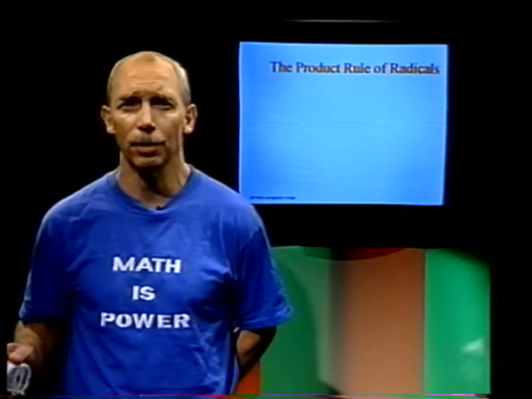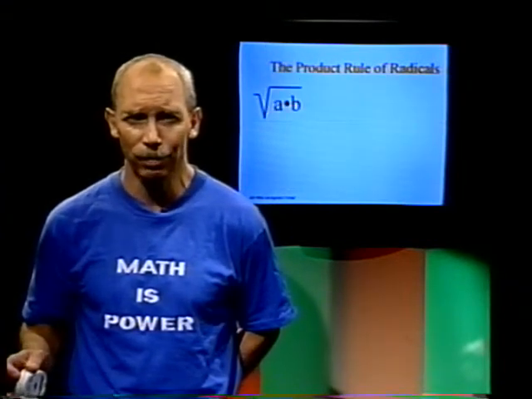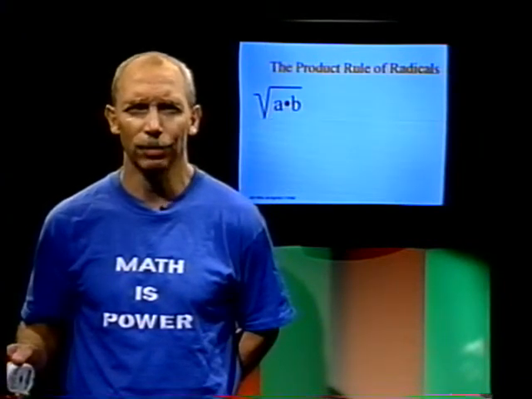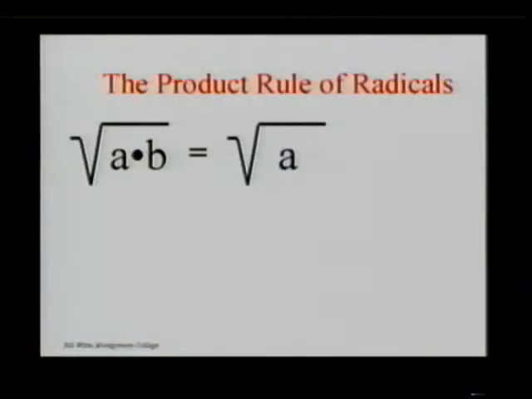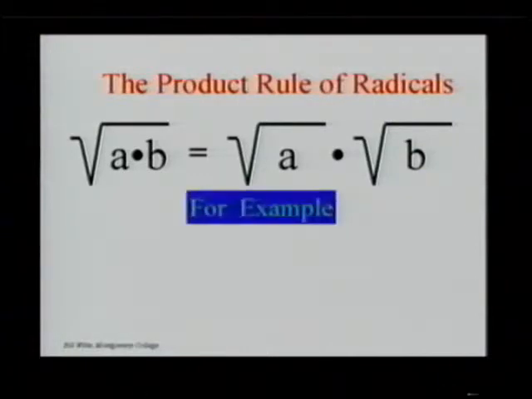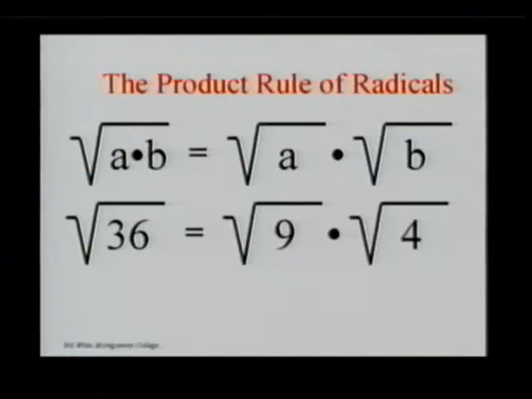Well, consider our new product rule of radicals. Product meaning multiply. Did you know that the square root of a times b, you can break that into the square root of a times the square root of b? For instance, the square root of 36, 36 being 9 times 4, is the same as the square root of 9 times the square root of 4.